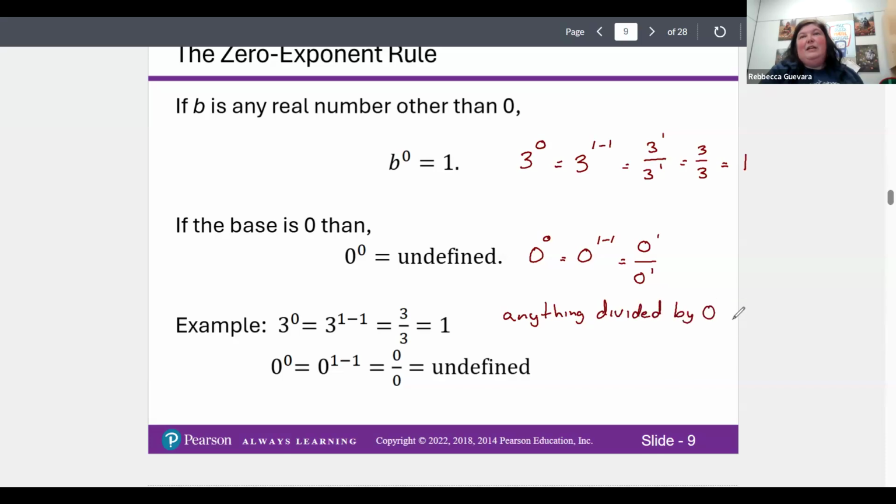Anything divided by 0 is in itself undefined. So it doesn't matter if it's 5 divided by 0 or 0 divided by 0. If you divide by 0, it is undefined. So 0 to the power of 0 is considered undefined.